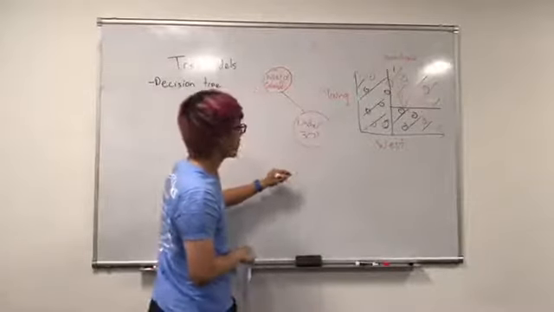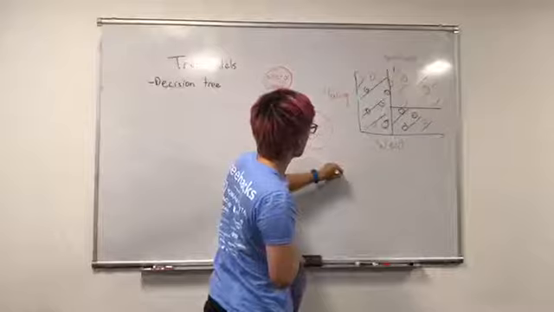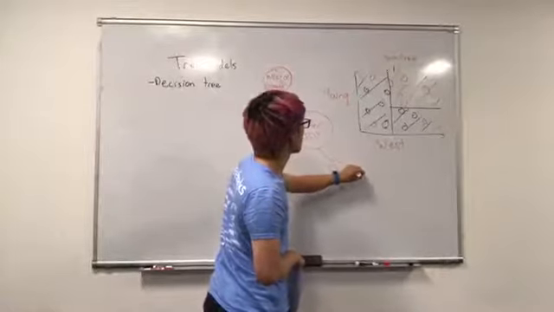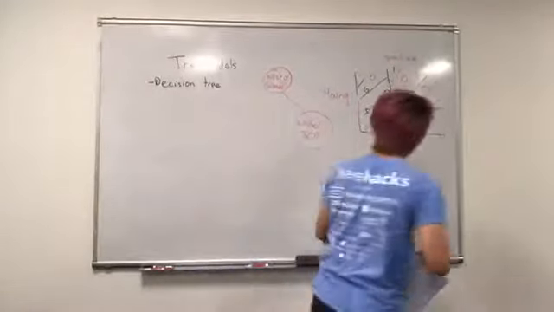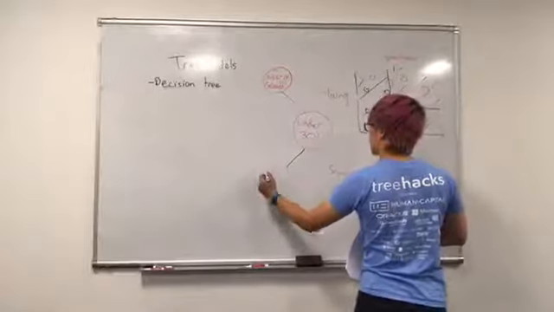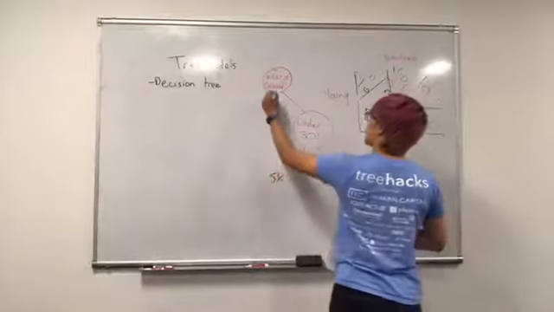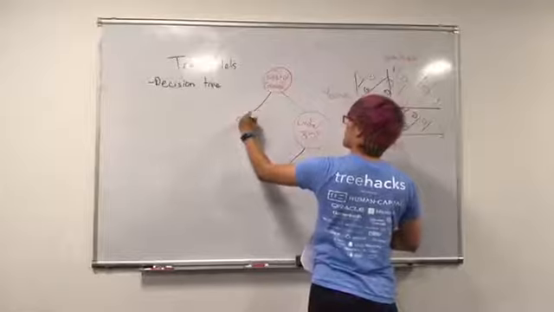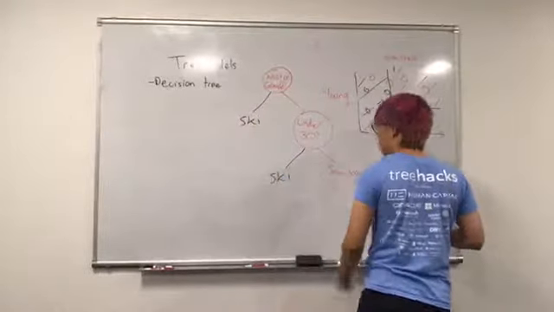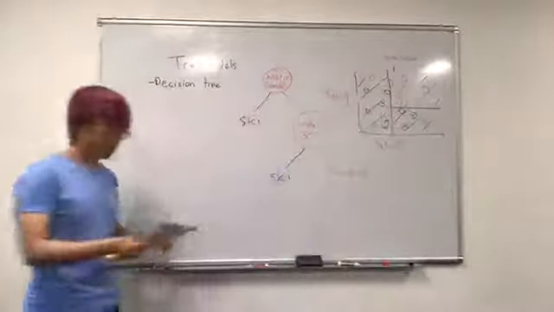And if you answer yes to both, then you snowboard. And if you answer no to either of them, then you ski, which is fine too. I like skiing. I like snowboarding better.